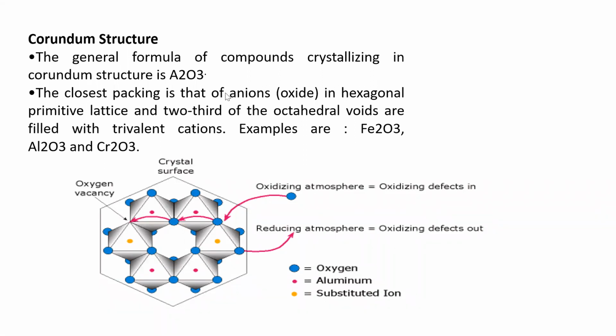Oxide ions are in a hexagonal primitive lattice, and 2/3 of the octahedral voids are occupied by trivalent cations, that is Al3+. This is called the corundum structure. Other examples are Fe2O3 and Cr2O3. So this is the structure of corundum.